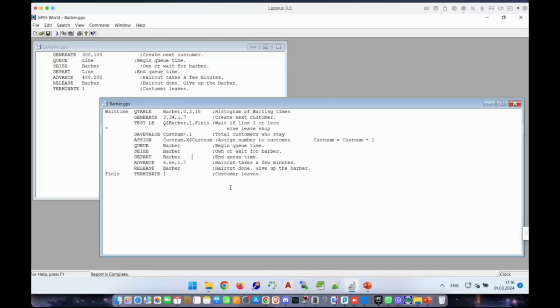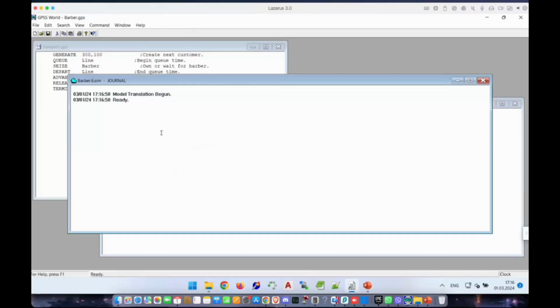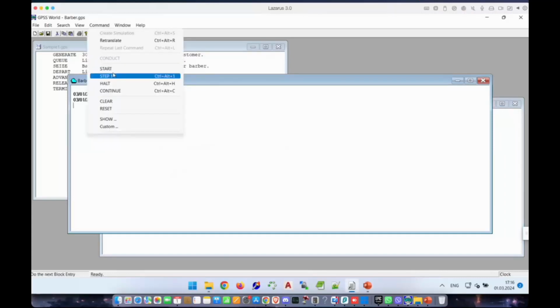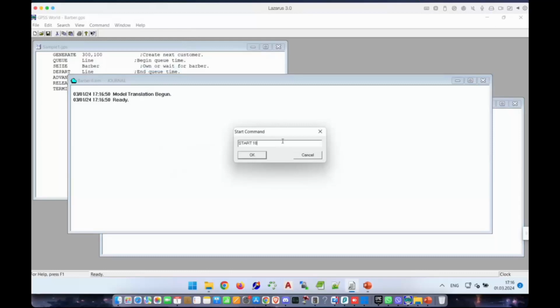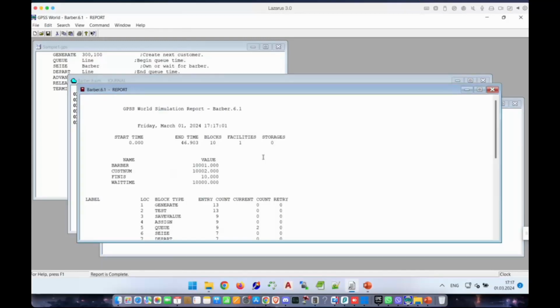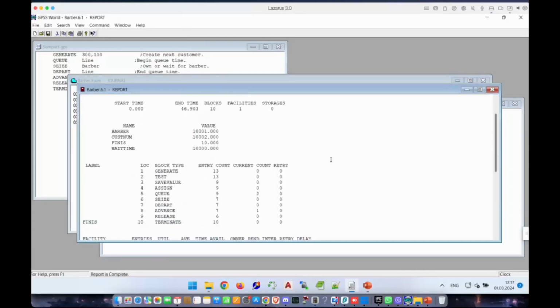All right, maybe let's take a look at the report. So we are creating a simulation, and we run the simulation until 10 customers leave the barber shop. Okay, so here we have the report.